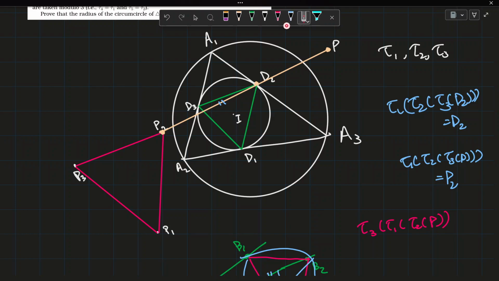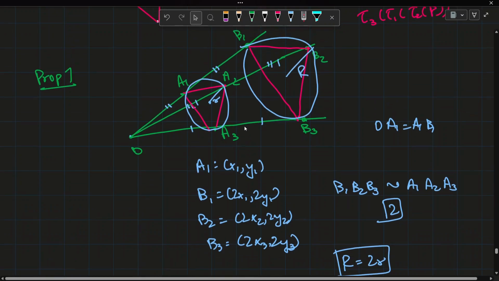So this basically is a whole line segment, and also I had proved that this line segment is equal in length to this line segment. So by this we can conclude that P2 is the reflection of P over D2. So if we place a mirror at D2, P2 is the reflection of P over D2. So now comes the first claim I had proved.